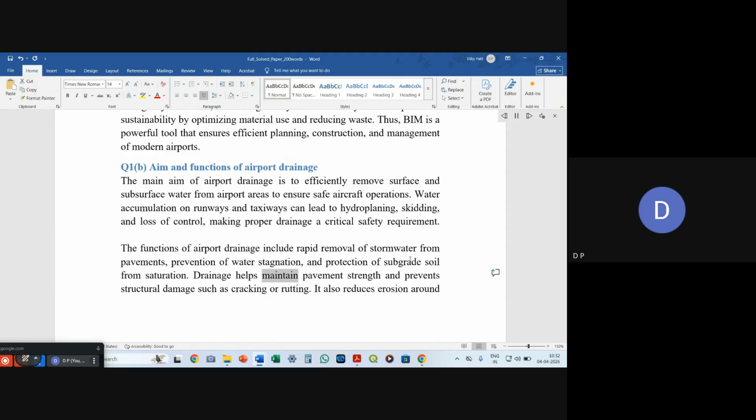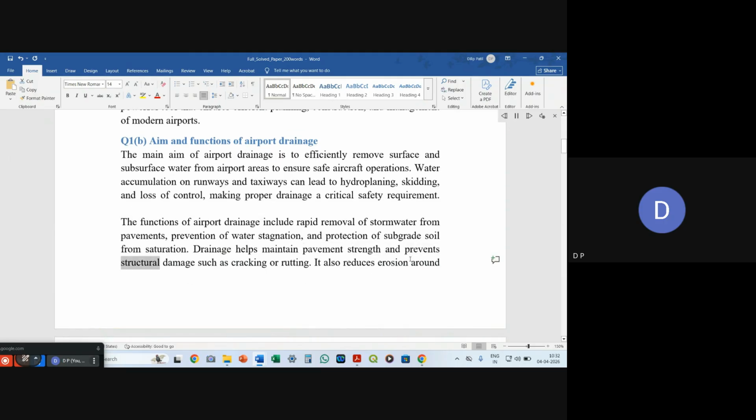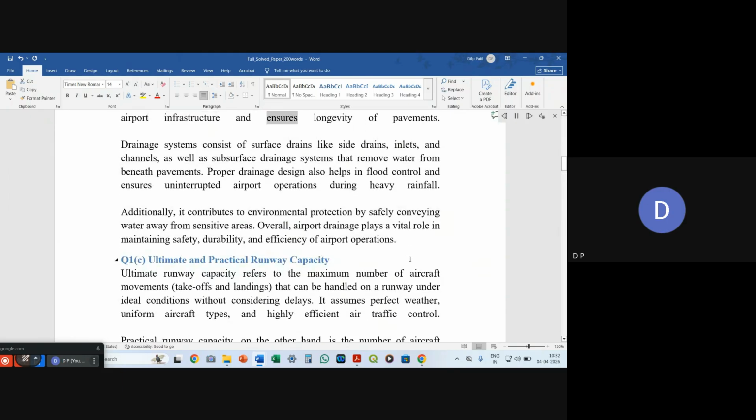Drainage helps maintain pavement strength and prevents structural damage such as cracking or rutting. It also reduces erosion around airport infrastructure and ensures longevity of pavements. Drainage systems consist of surface drains like side drains, inlets, and channels, as well as subsurface drainage systems that remove water from beneath pavements.